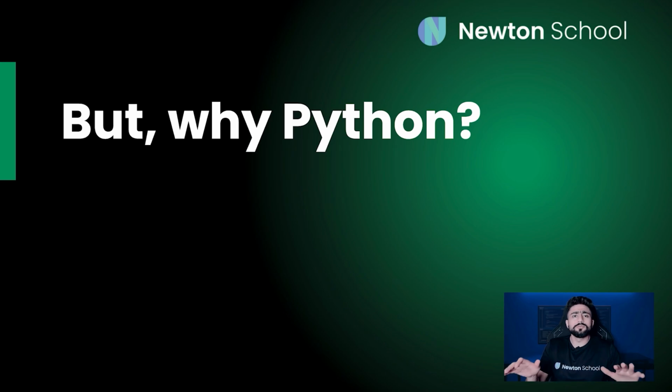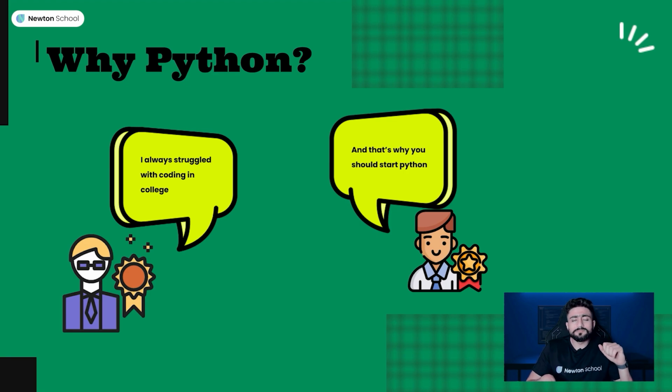So now you know that Python is important and it's going to be a career accelerator. But why Python? There are many other languages. Why should you learn Python? Many people, and you might be one of them, have struggled with coding in college. Or when you think about coding, you might think, oh no, this is going to be tough for me.